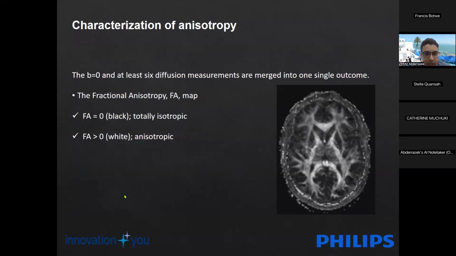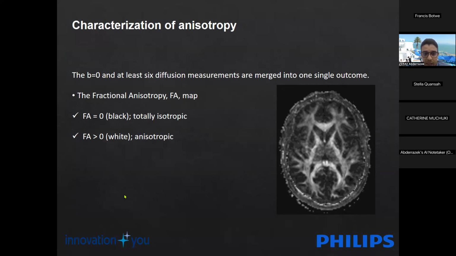So now I will talk about the anisotropy. The B0 and the list of 6 diffusion directions in our measurement are merged into a single outcome that gives us a map called the fractional anisotropy.